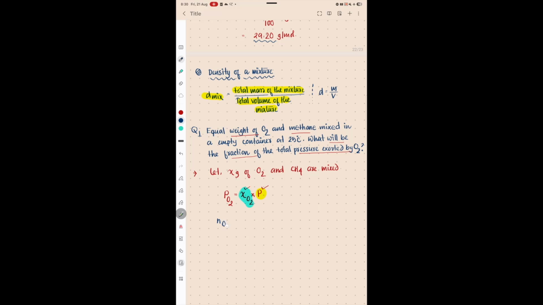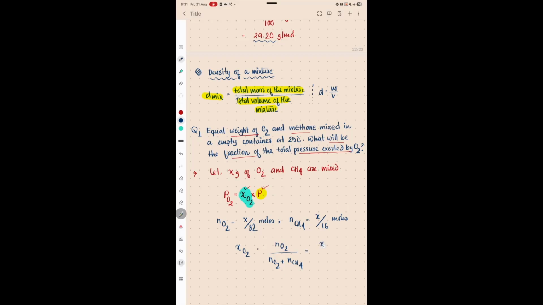Moles of O2 is how much? That is x upon 32 moles, right? Moles is mass upon molar mass, and moles of methane is x upon 16 moles. So the mole fraction of O2 will be equal to n of O2 divided by n of O2 plus n of CH4, right?